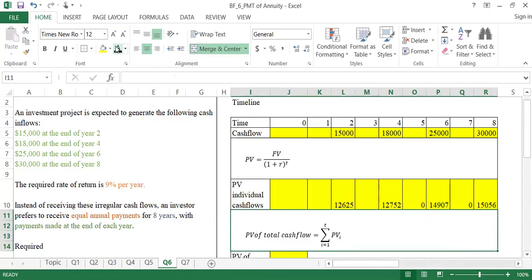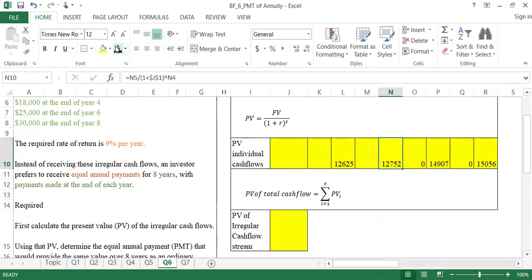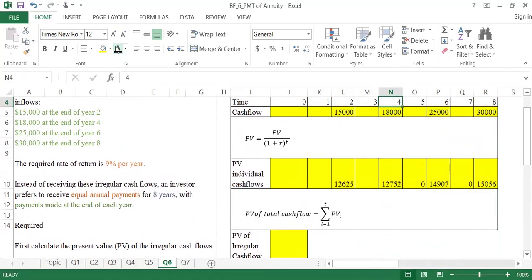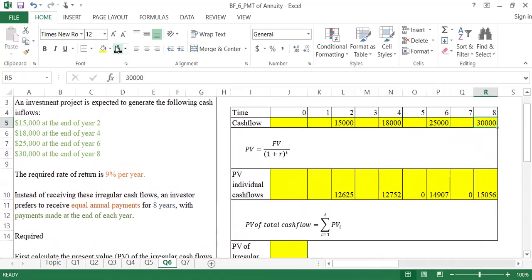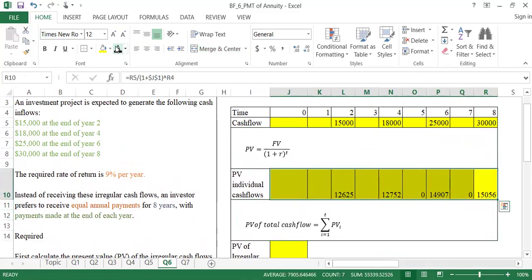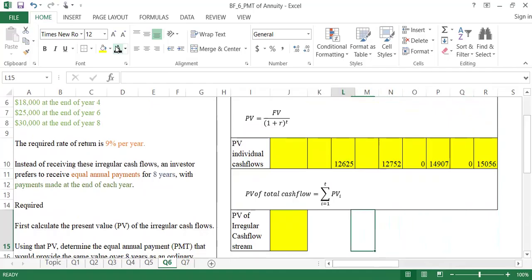If we have the present value of individual cash flows and we want to find the present value of the entire cash flow stream, add these individual present values. So take the sum of these, and that's 55,339.